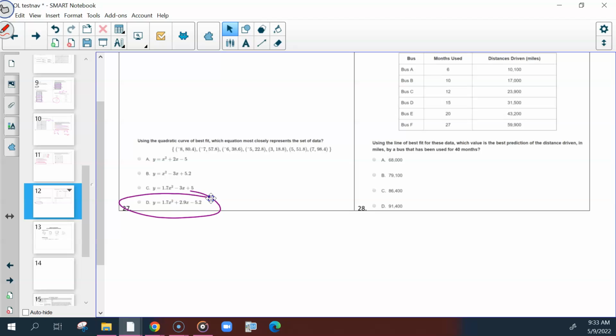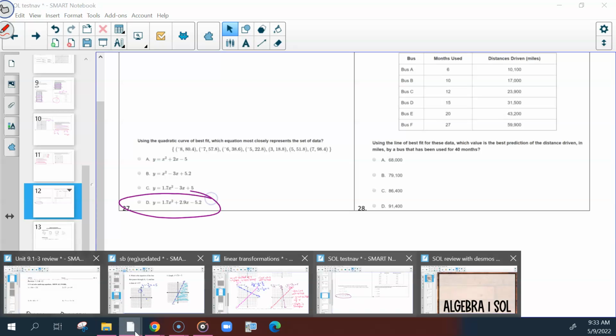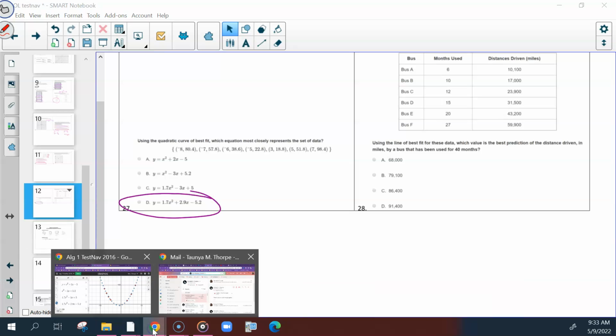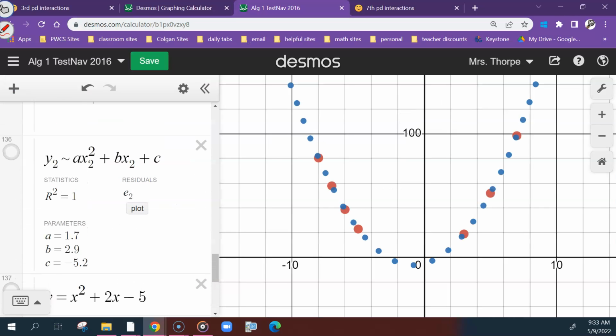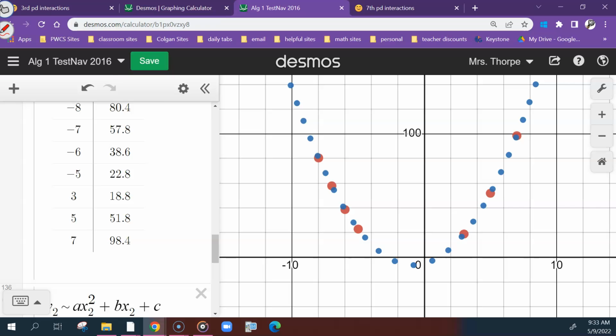After you put the equation in the table, it depends on how you're wanting to solve it. So if you remember your curve of best fit equation, y1 tilde ax1 squared plus bx1 plus c. Mine are 2 because my table says 2.